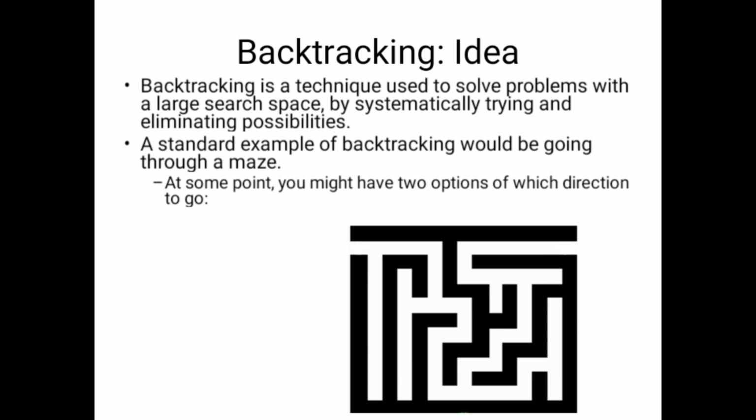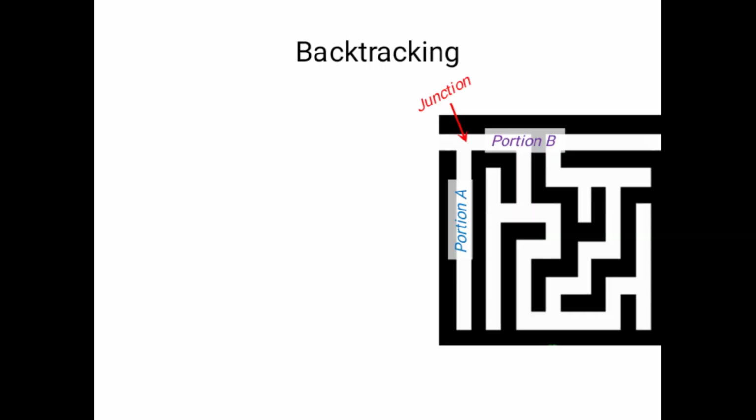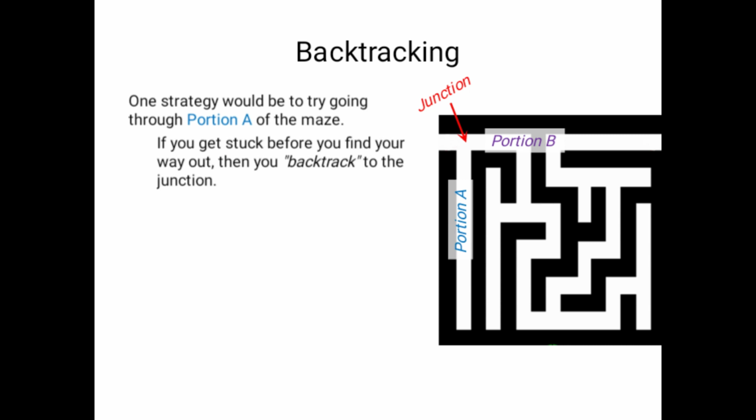At some point, you may have two options of which direction to go. Now you can see here, this is the maze, and initially we have two options. We have divided this maze into portion A and portion B, and I have to decide whether to go to portion A or portion B. So one strategy would be to try going through portion A of the maze.